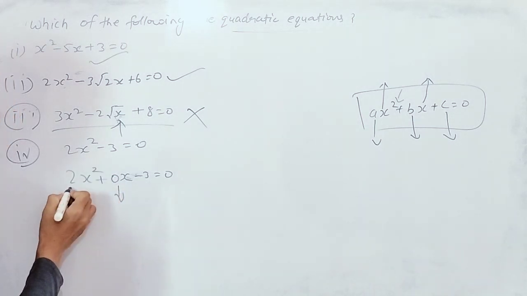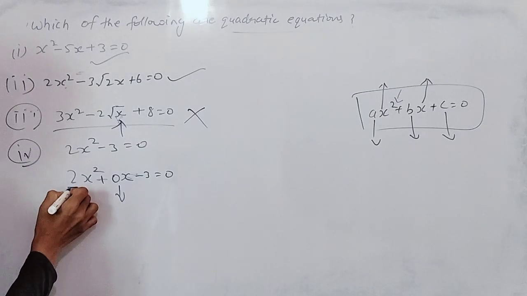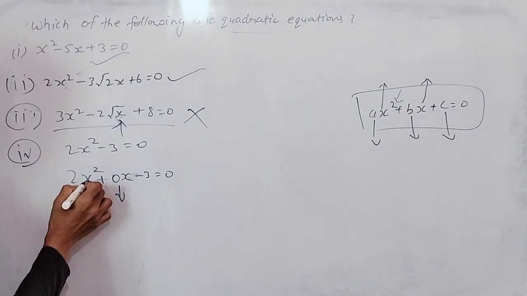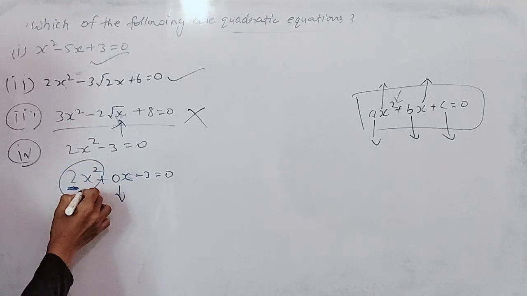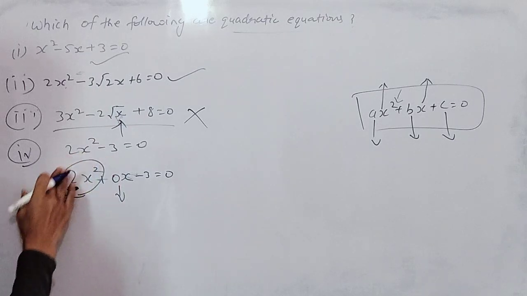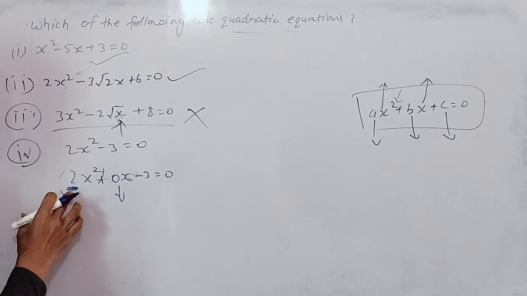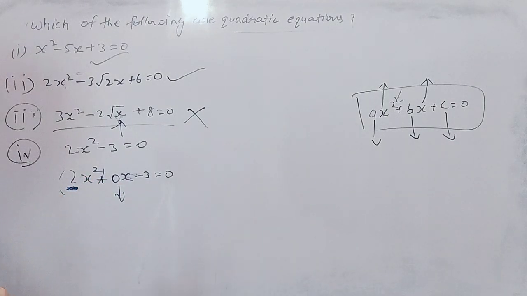But remember, the coefficient with x square should not be 0. If it is 0, this whole thing will convert into a non-quadratic expression, and then it will not be considered a quadratic equation. That's why the coefficient of x square should not be 0.